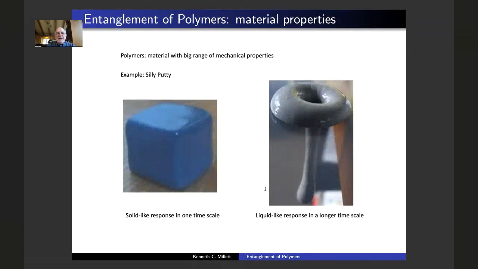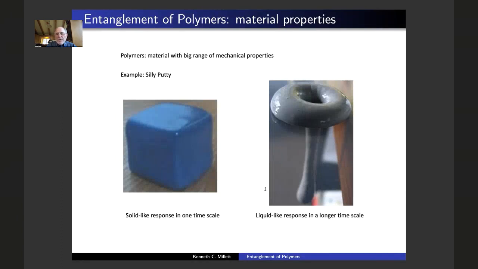The next thing, and the last thing I want to talk about today, maybe almost the last thing, has to do with an application where we're looking at the mechanical properties, again, of a periodic boundary condition. And here we're now looking at dynamics, so there are some time scales involved, where it might look more liquid-like after a long time scale.